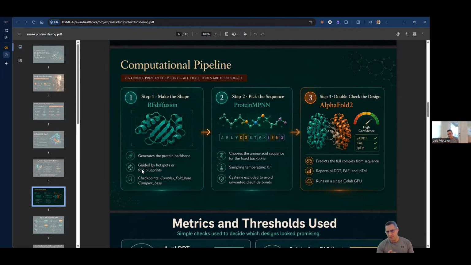So this is phase three, when you pass the protein to AlphaFold, and AlphaFold is going to tell you how good the protein is, whether the shape of the protein and the amino acids make sense, and it gives you metrics.